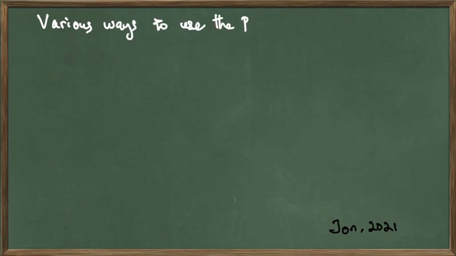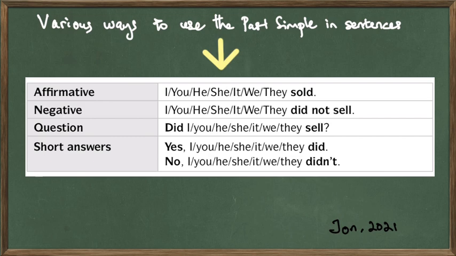Now I want to show you various ways to use the past simple in sentences. Look at the table here. We have 4 categories: the affirmative, the negative, the question, and short answers for the questions.